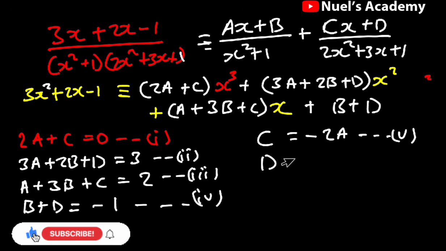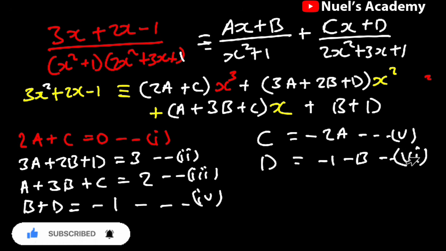Then if you do that, you see that d is equal to minus 1 minus b. Now let's call this equation VI. So we are going to substitute equations V and VI into equations II and III. Anywhere you see c or d in these two equations, you substitute these terms.